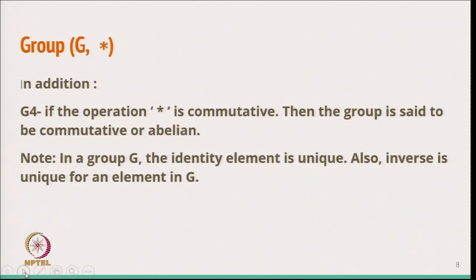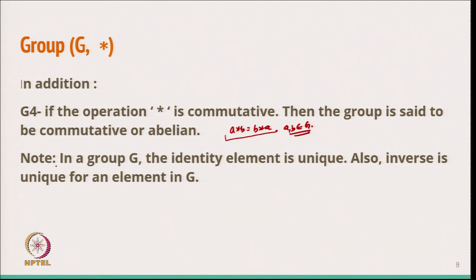Now, in addition, if the operation star is commutative, then the group is said to be a commutative or abelian group. As we already know, if A star B is equal to B star A for all A and B belongs to G, then I will say that this group is a commutative group, also called the abelian group.